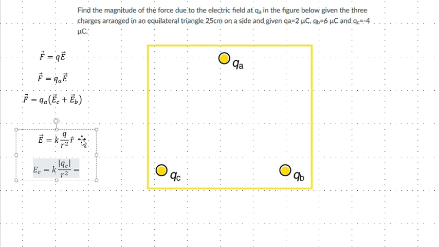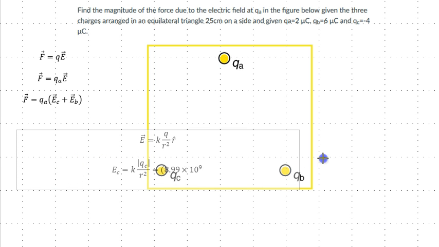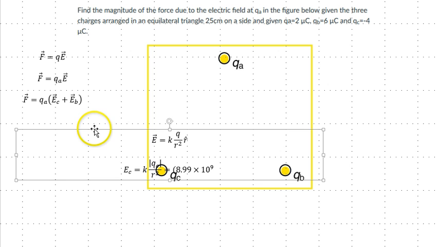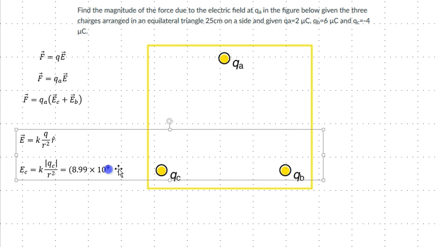And our units are newtons meter squared per coulomb squared.